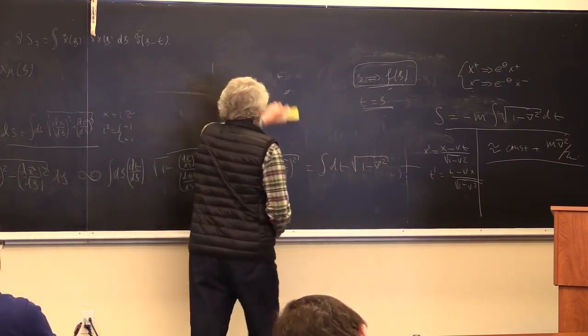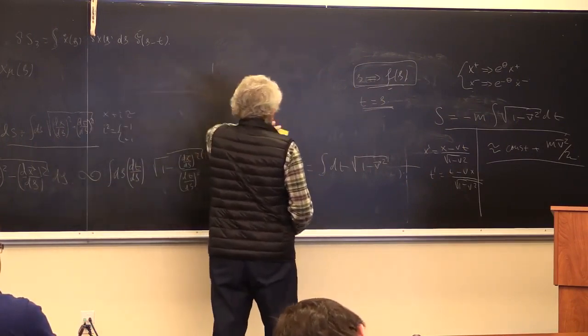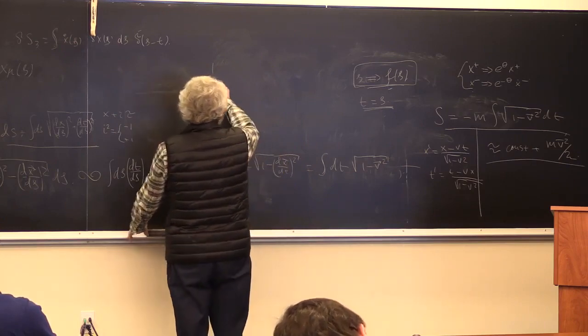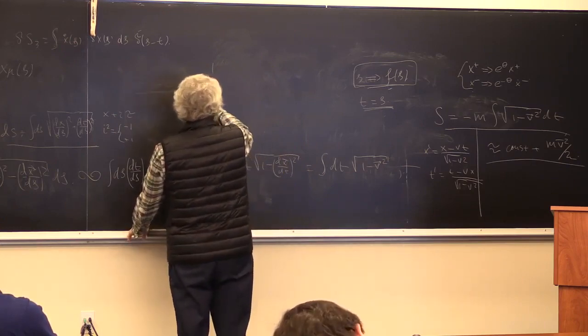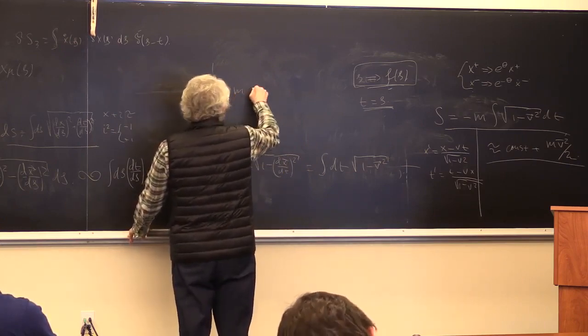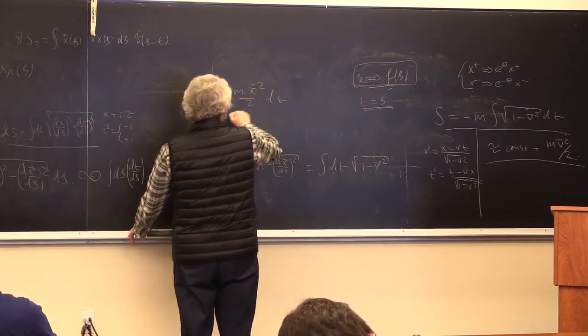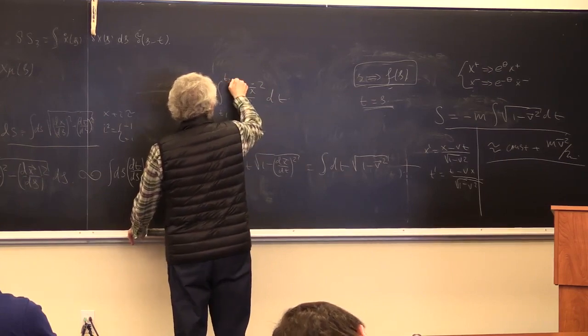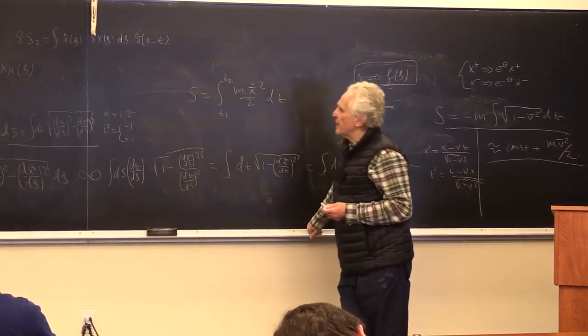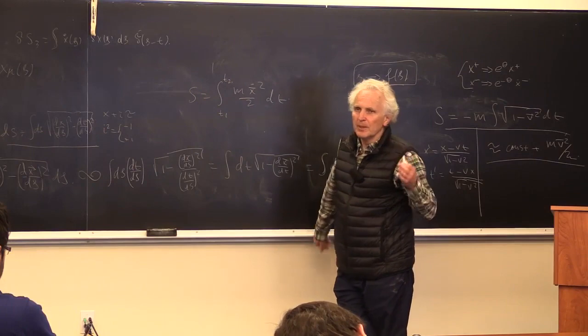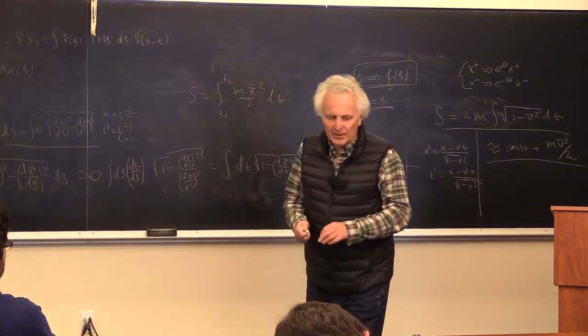in the non-relativistic case. Namely, let's decide what is so special about the action, the integral of m x dot squared divided by 2 over dt. What are the symmetries of this action? We kind of discussed that already.